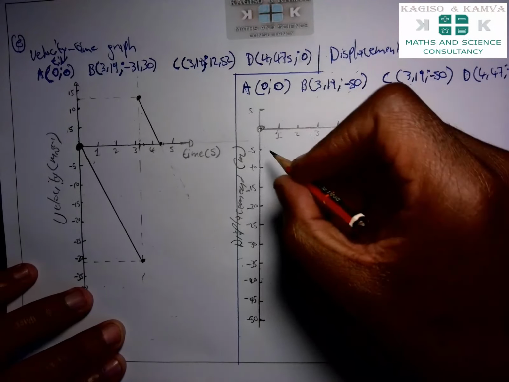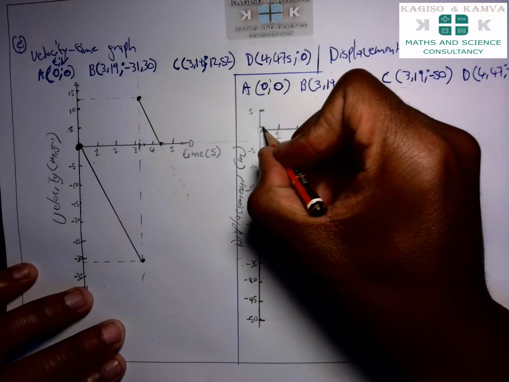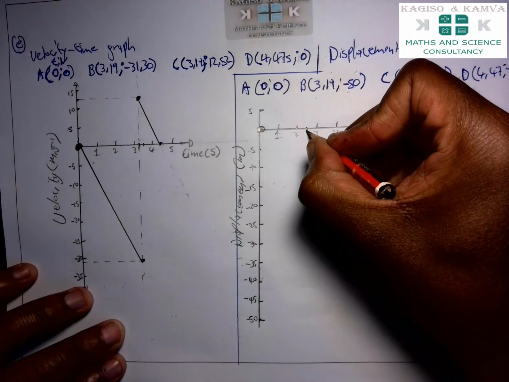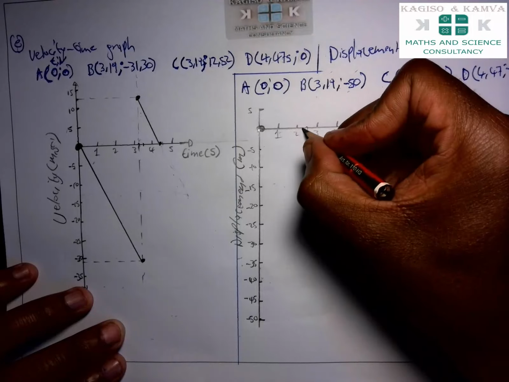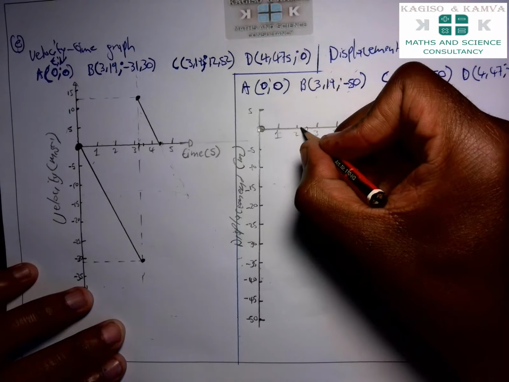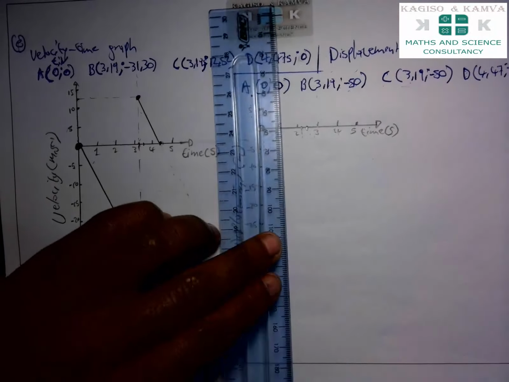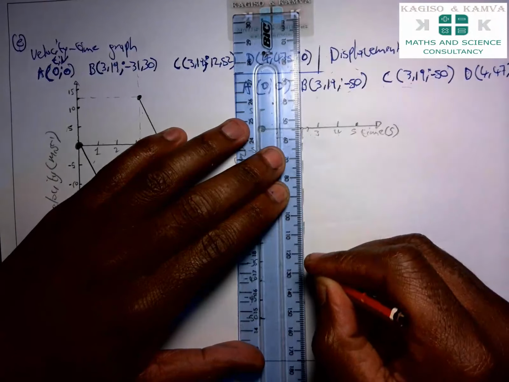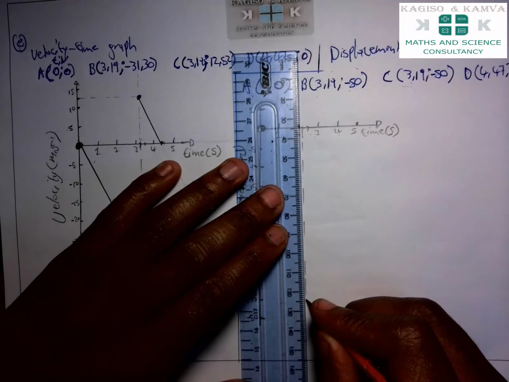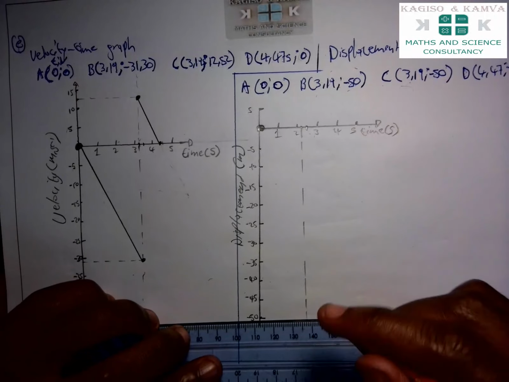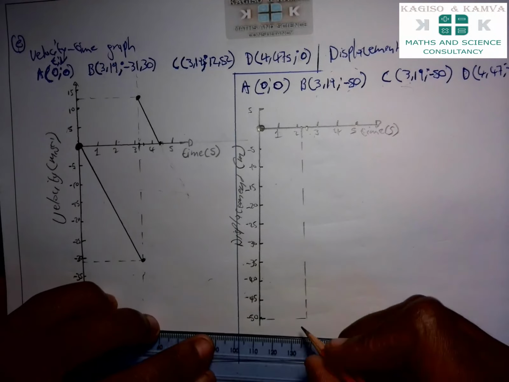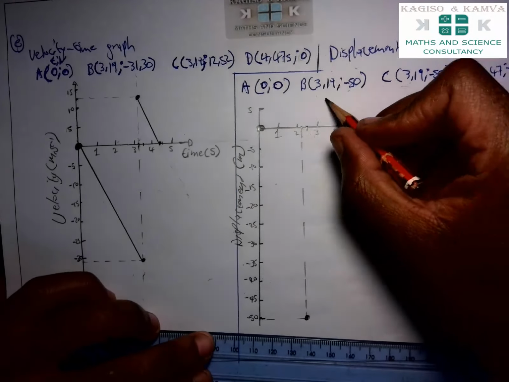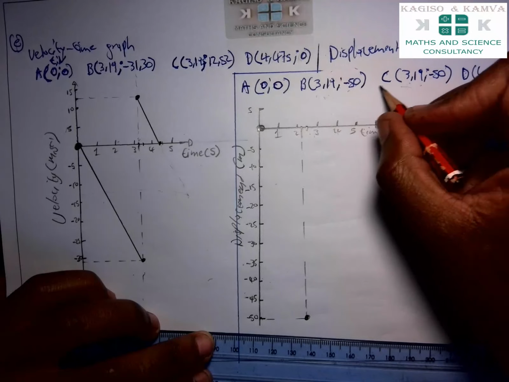Okay, so at 0 and 0 the displacement is still 0 there. Now at 3.19, if this is going to be 2.5, 3.19 is somewhere there, and then we take that downward to what? To negative 50. Okay, we have a point there, and C and B are the same.